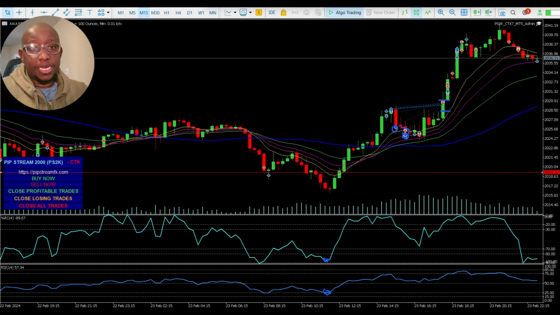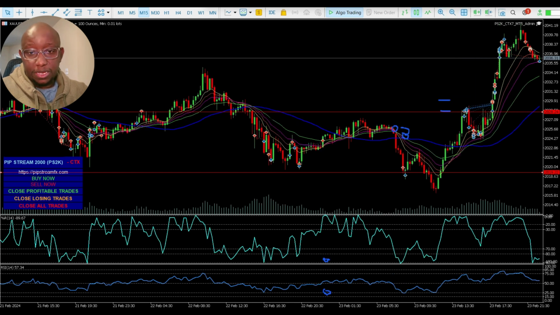Why? Because this again was another level. If I put a line right here, again, remember, levels are not lines, they're zones, right? So you can see price reacted here, price reacted here. If we go back far enough, you can see price reaction.